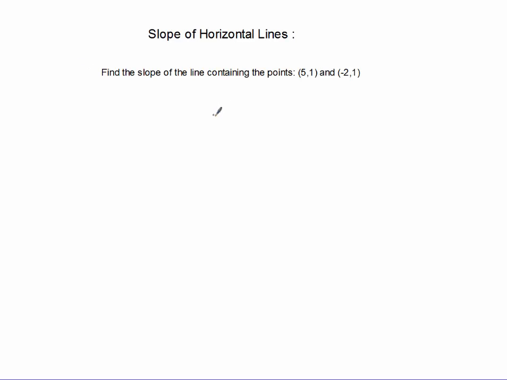This time we're going to look at what happens when you have horizontal lines. So here I have 2 points of a horizontal line, and so I'm going to use the formula again. So 1 minus 1, because both of the y-coordinates are the same.